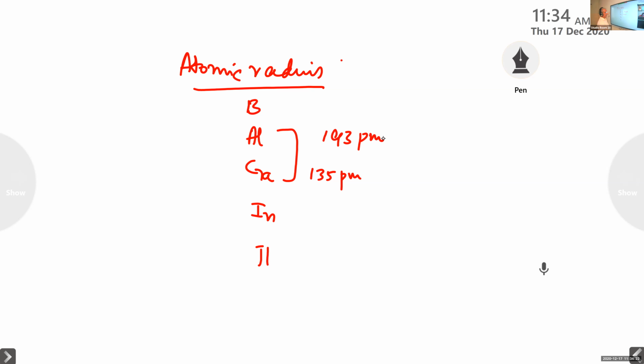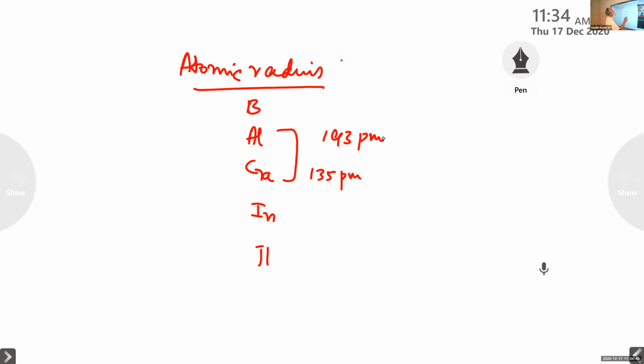So what happens here? In the case of aluminium and gallium, there is a twist. That is, gallium is smaller than aluminium. Why is it so? That is so because in gallium there are 10 electrons in the inner d level.